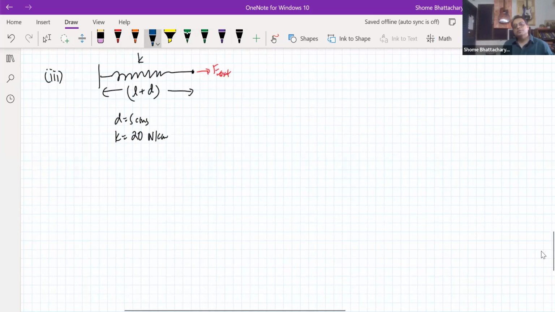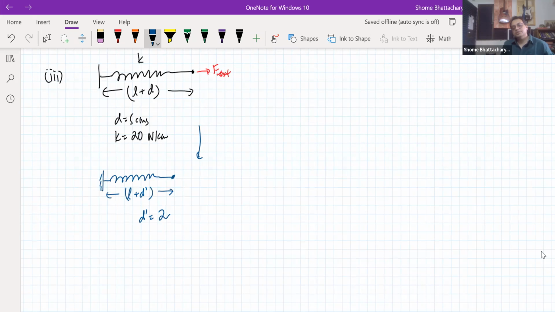But now from here, the external agent starts withdrawing the force very slowly, so that the spring starts relaxing slowly. And after some time, it comes to this, let's say. So d prime is now, let's say, 2 centimeters.